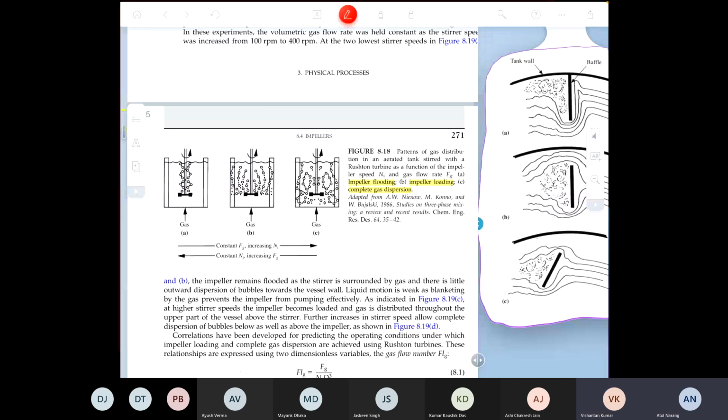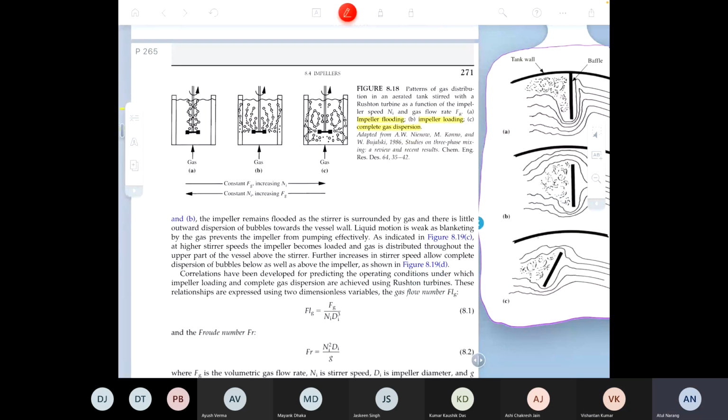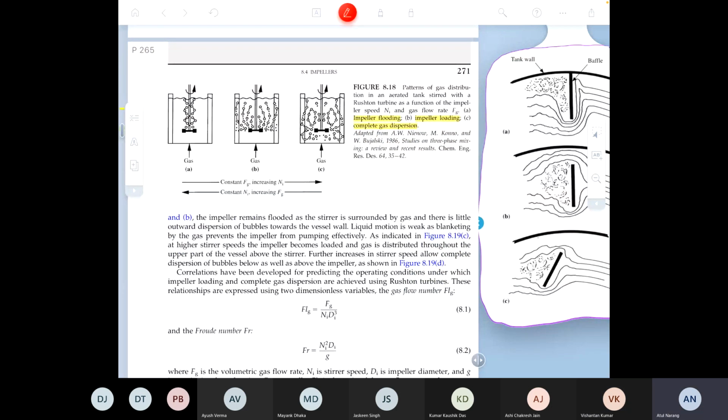Yes. So, what we were trying to do was to find a quantitative way of determining. First of all, we talked about the fact that the flow can be in the following three qualitatively different patterns, depending on, among other things, the flow rate of the gas and the impeller speed.